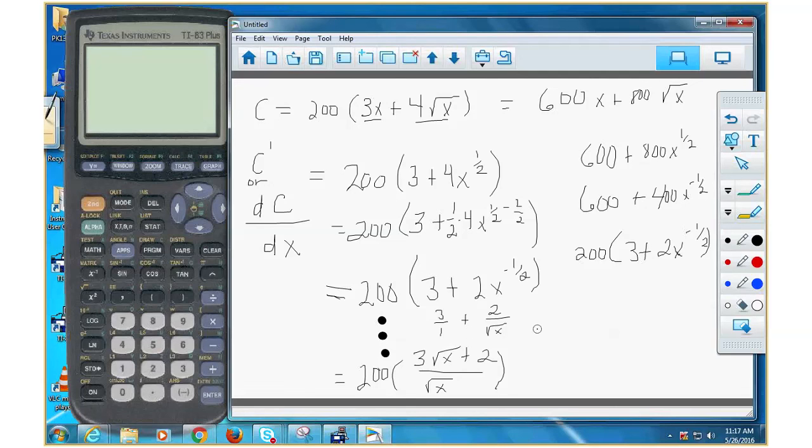How many times will 1 go into the square root of x? Square root of x times. Square root of x times 3 is 3 square root of x. How many times will square root of x go into square root of x? 1 time. 1 times 2 is 2. And that turns into this.